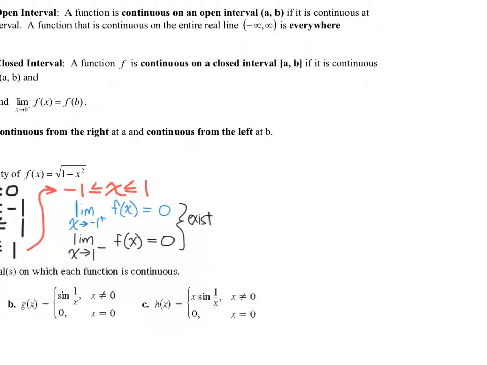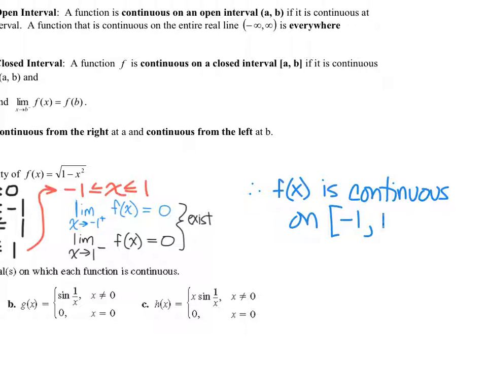So therefore, f of x is continuous on the interval of -1 to 1 with brackets. All right. This whole limit process was really only to determine whether I'm throwing brackets or parentheses around this interval. Right?